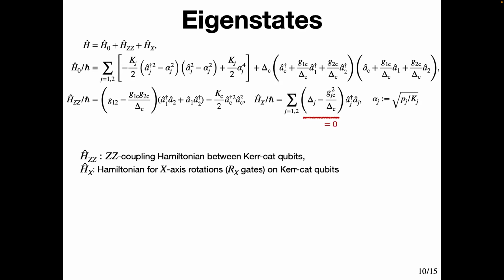For now, we don't want to apply RX gates, so we set this part to 0, and this HX disappears. And we also set these parameters small so that we can treat HZZ as a perturbation.